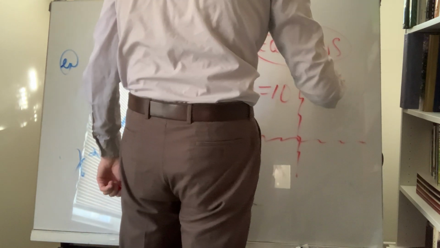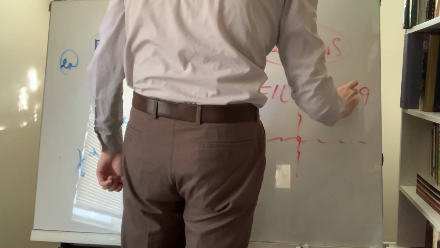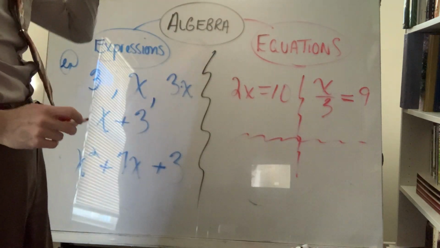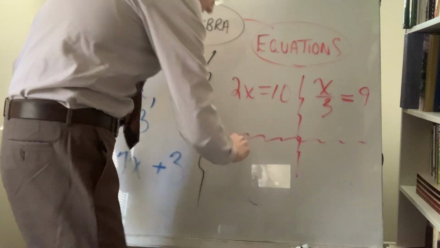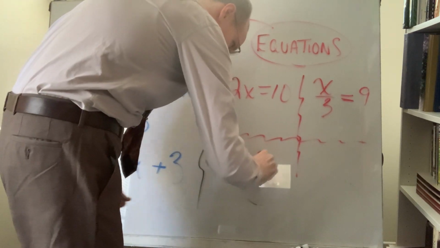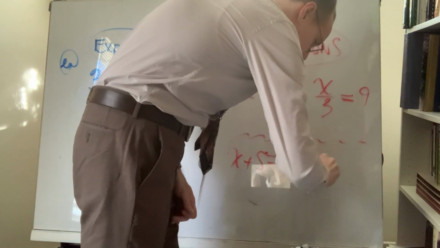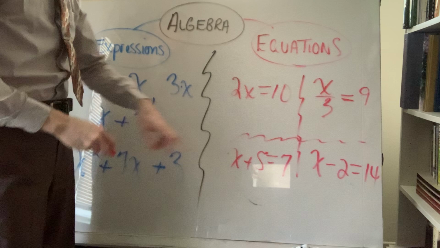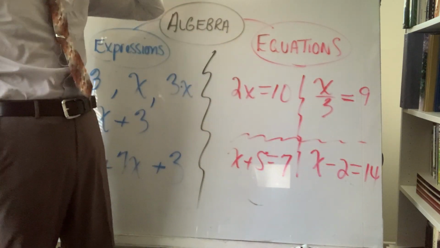Or maybe x over 3 equals 9. Something like that. That is an x, I swear. x plus 5 equals 7. x minus 2 equals 14. You see an equals, automatically you would identify this as being an equation.